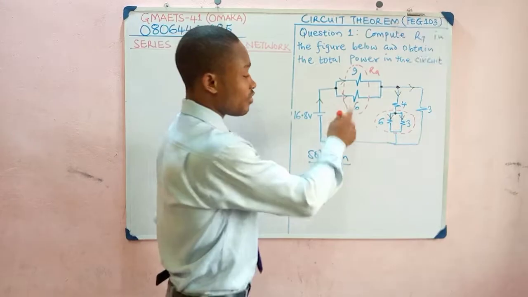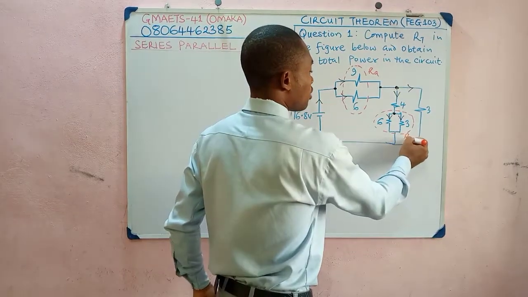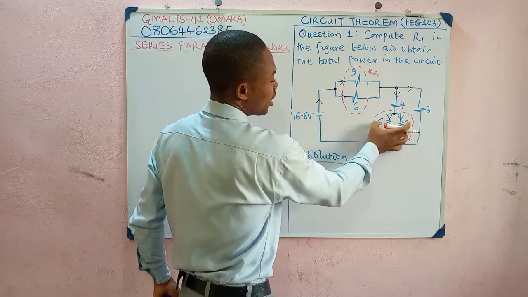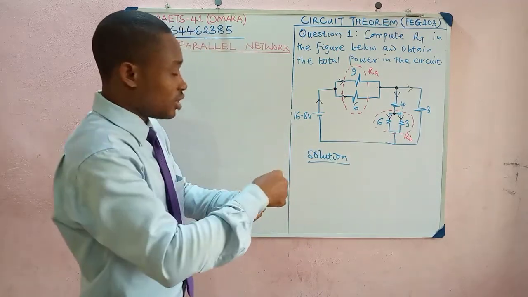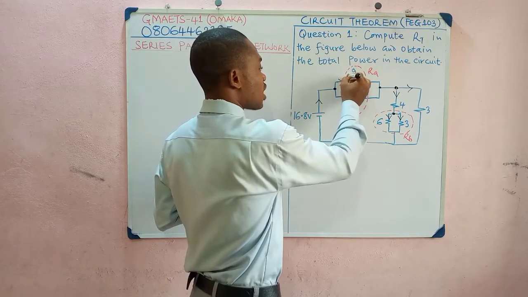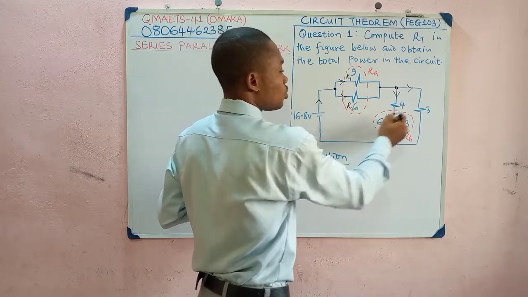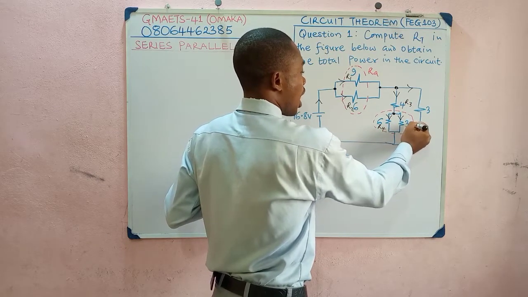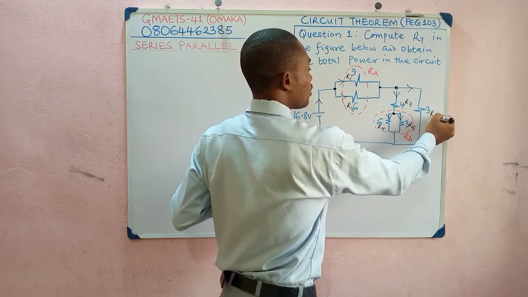Parallel. Since current divided there, let's call it RB. Okay, let's call what we're going to resolve here as RB. Having done that, may we still label each of these resistors? Let's have this as R1, this as R2, this as R3, we have this R4, R5, then R6.